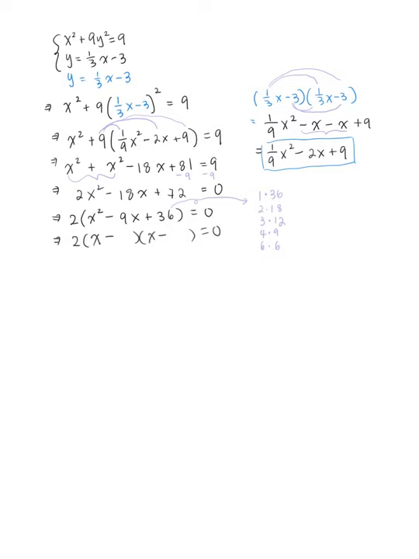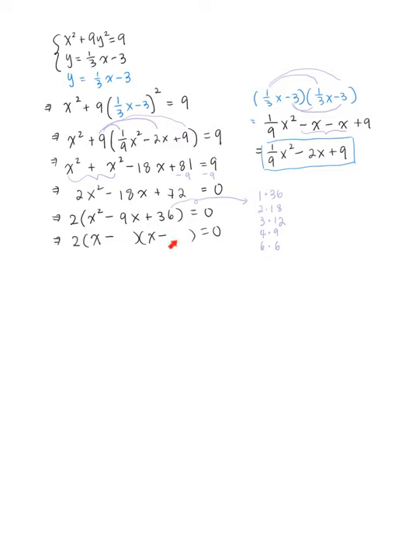And now if I check, let's go with the first two numbers, 1 times 36. If I plug in 1 and 36 here, is it going to add up to minus 9x? Nope. What about 2 and 18? When I add those two, am I going to have a minus 9x? No. 3 and 12?